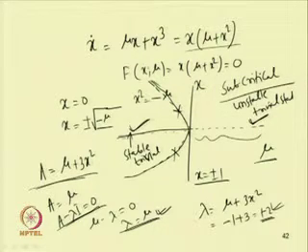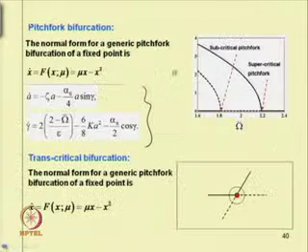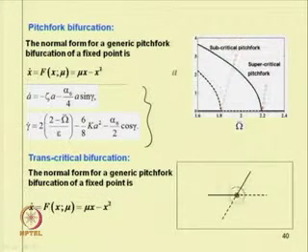So we have subcritical pitchfork bifurcation and supercritical pitchfork bifurcation.